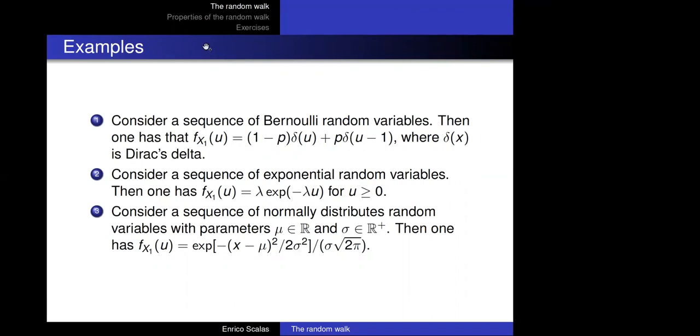Okay, great. So here are some examples. One example we were discussing just before: you have a Bernoulli random variable, which is 0 with probability 1 minus p, and 1 with probability p. Then your probability density function is a mixture of two Dirac deltas, one multiplied by 1 minus p, and the other multiplied by p.